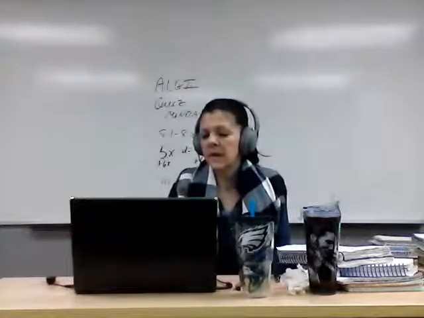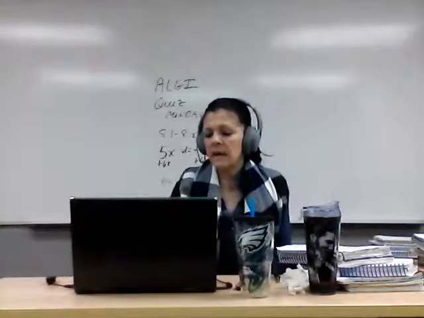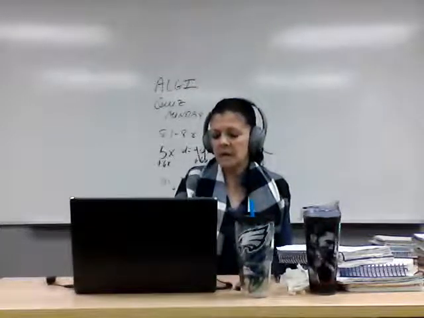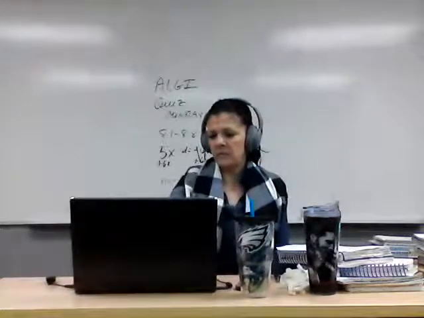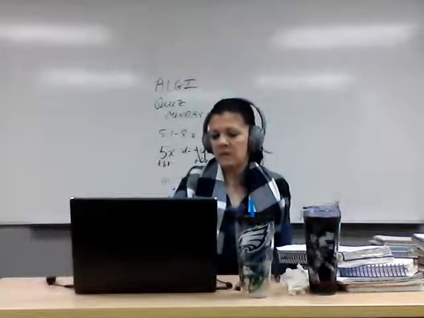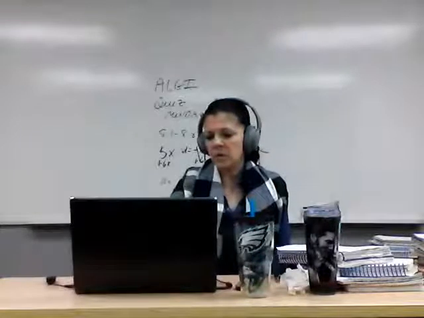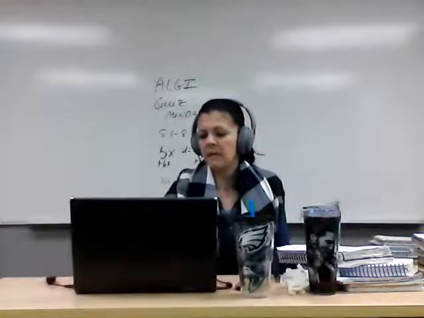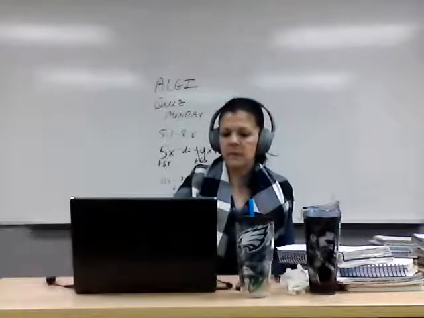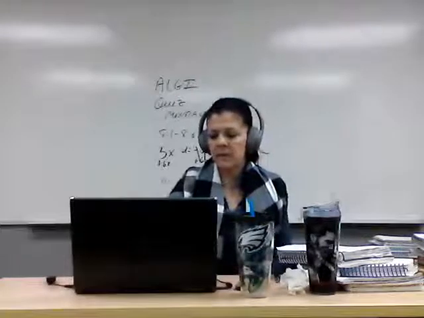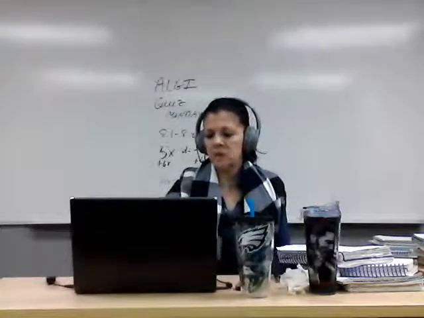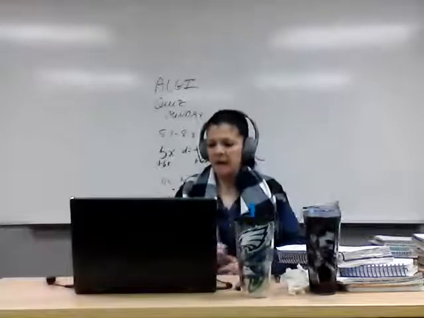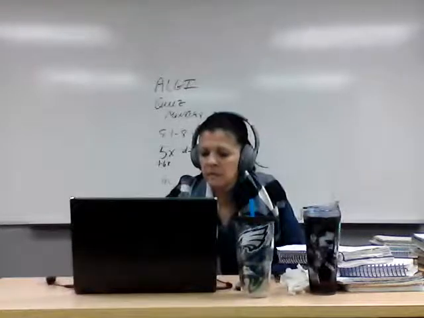Now what's going to happen is you're going to get a trinomial, because you're going to subtract 3 and add 2x, so bring everything over to that side. So we're going to have x squared plus 2x minus 3 equals 0. Okay? Remember we did this? So now all you have to do is factor that into 2 binomials.